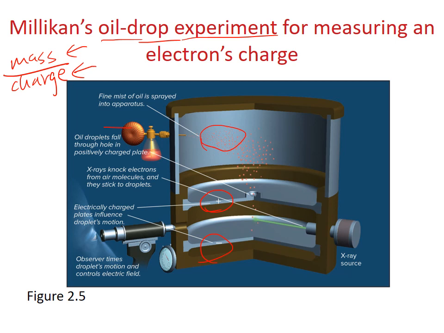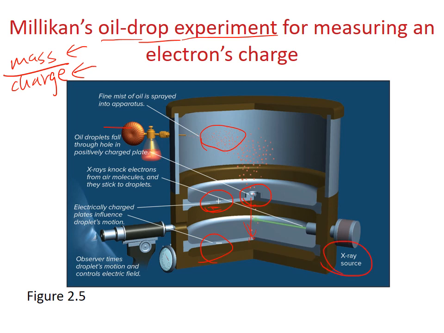The droplet can fall through a hole in the positively charged plate, and the oil droplet falls towards the negatively charged plate. If the droplet is neutral, then the field between the plates has no effect on the speed of the falling of the oil droplet.